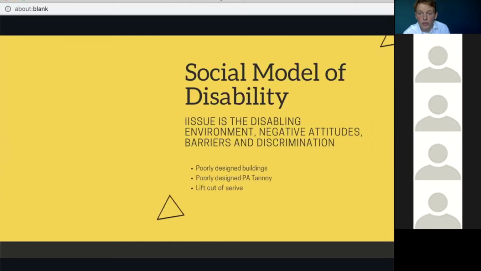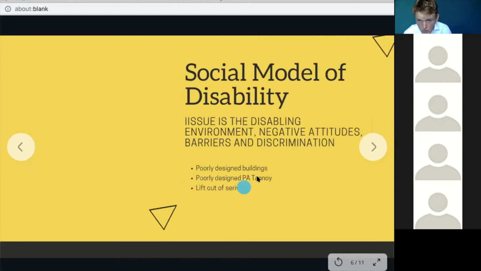It helps everybody. Take, for instance, a poorly designed public announcement tannoy in a station. A deaf person certainly can't hear it, or I certainly can't hear it with my deafness. But even a person that doesn't have deafness, by the definition of the social model, would still struggle to hear the announcement.